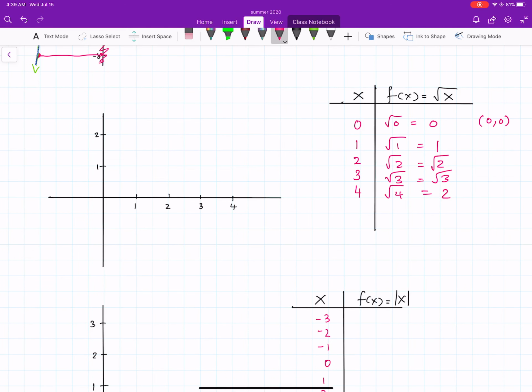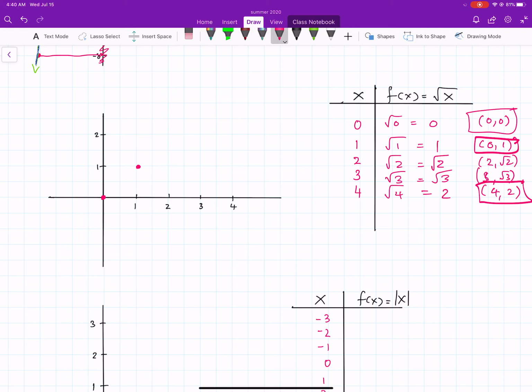I have 0, 0. I have 1, 1. I have 2, root 2. 3, root 3. And 4, 2. So I can certainly plot the really nice ones. So let's locate those. Okay, so I have 0, 0. I got 1, 1.